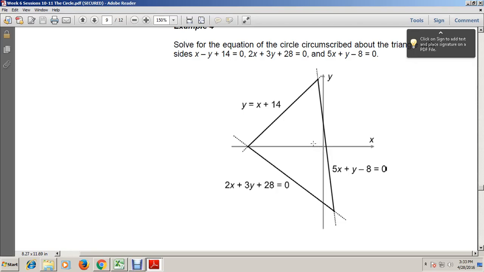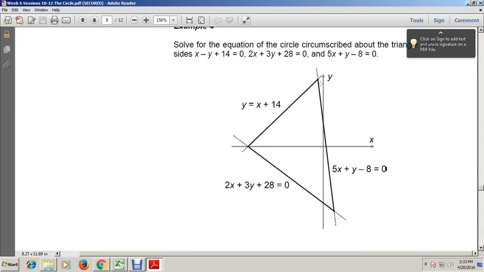Now, for this exercise, you will be asked to get the equation of the circle. The technique here is to simply get the coordinates of the point of intersection of each pair of the lines, which are the vertices.